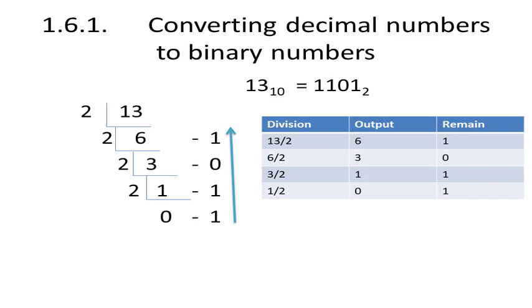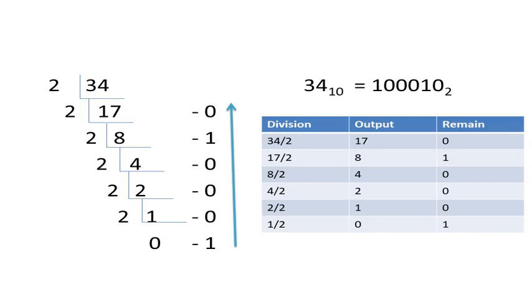Then we will go to the next example, that is 34 in decimal format. We will convert it into binary format. 34 divided by 2, the answer is 17 and there is nothing remaining. 17 divided by 2, the answer is 8, remaining 1. 8 divided by 2, the answer is 4, nothing remaining. 4 divided by 2, the answer is 2, nothing remaining.